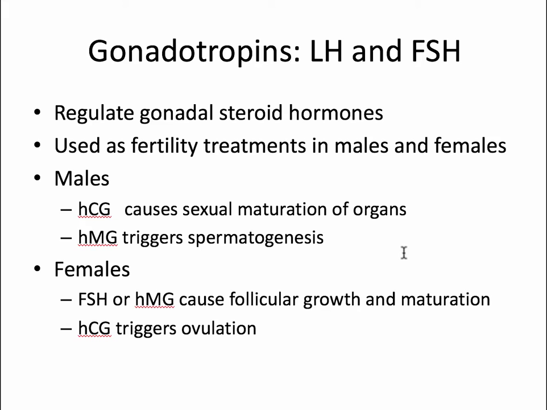So the LH and FSH, so luteinizing hormone and follicular stimulating hormone, these regulate the gonadal steroid hormones. So that's the androgens and estrogen and progesterone. So those made by the testes and then the ovaries.